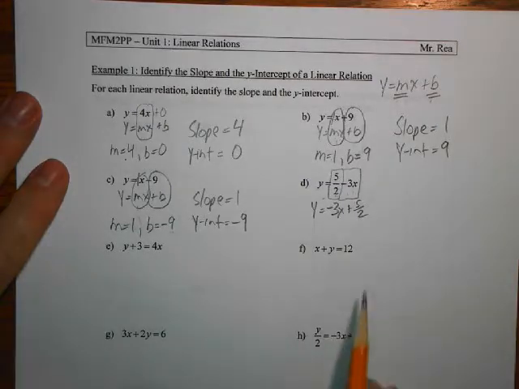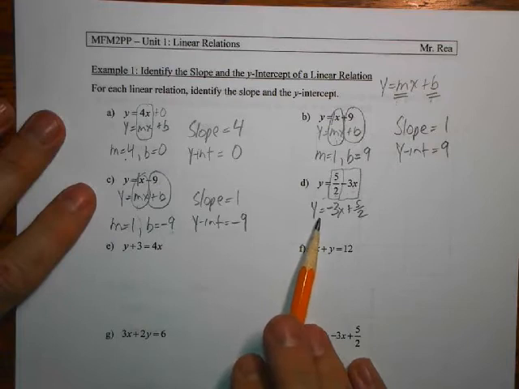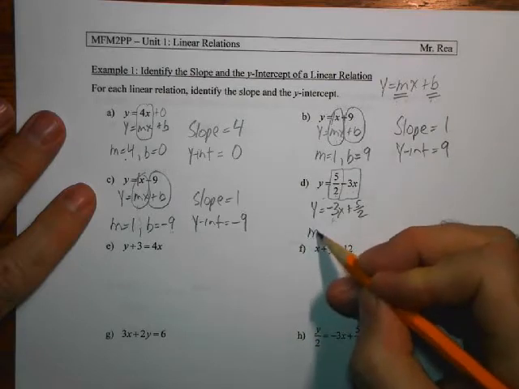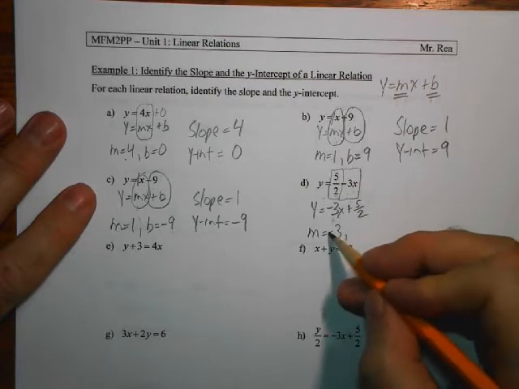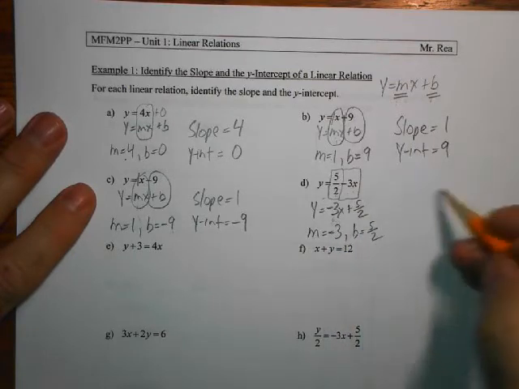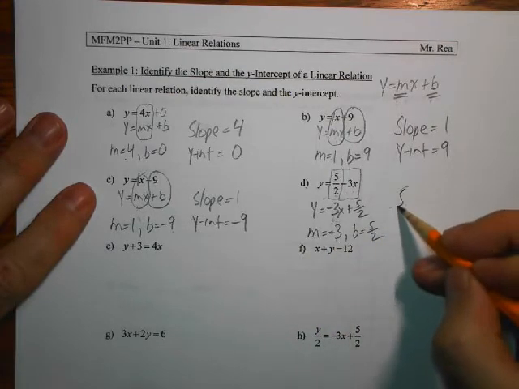Okay, and now hopefully you can see, I'm not going to put my template here this time, that the negative 3x, well, that's mx, so m must be negative 3. And our b is positive 5/2. Okay, and that tells us, now we can go directly from here. Our slope is whatever m is, so that's negative 3.